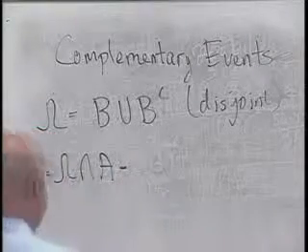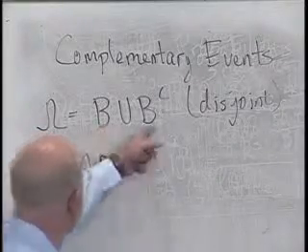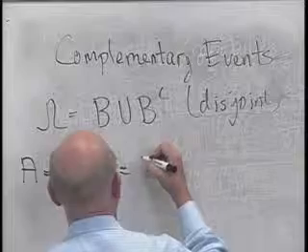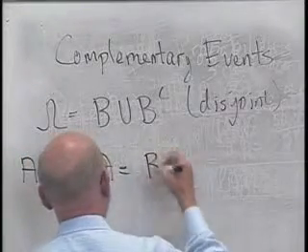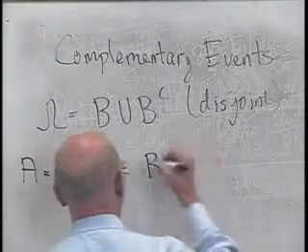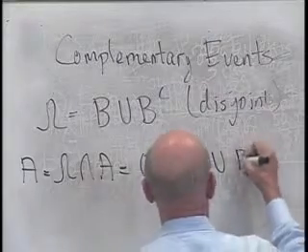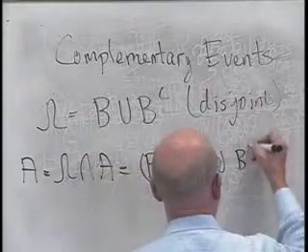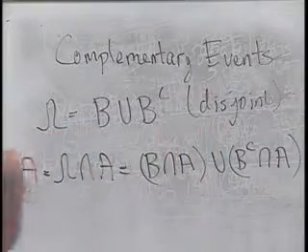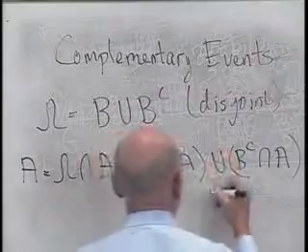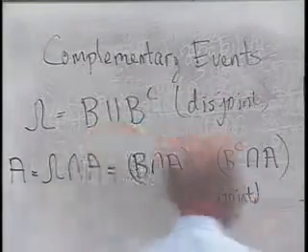And then I can distribute that over B and B complement to say this is B intersect A union B complement intersect A. And this is, again, a disjoint union.